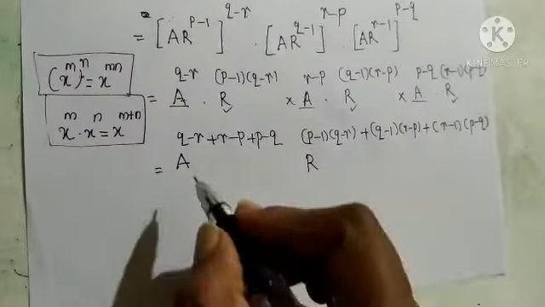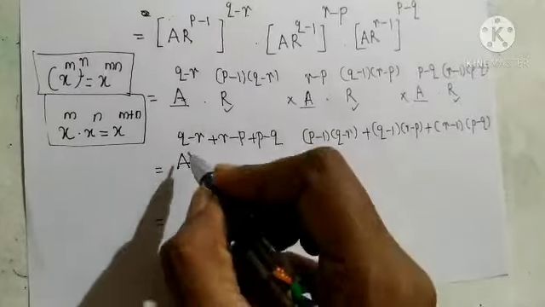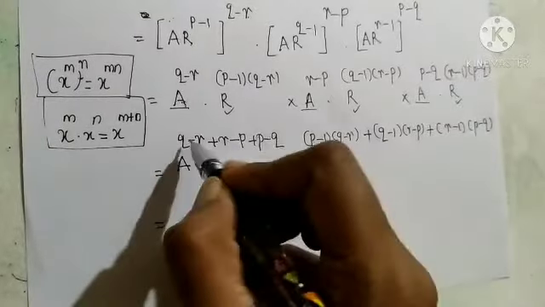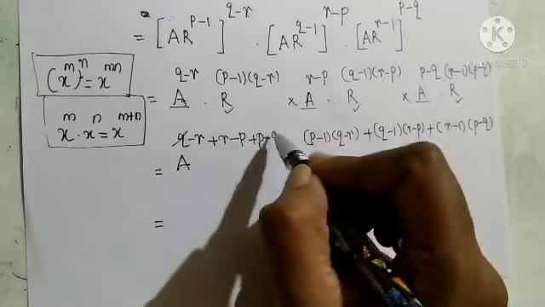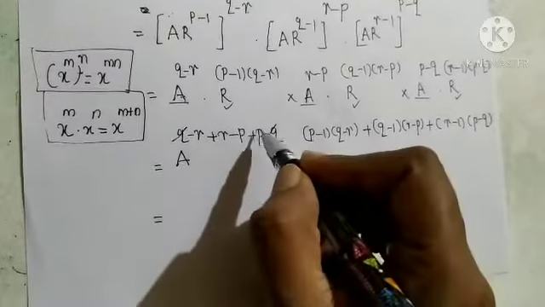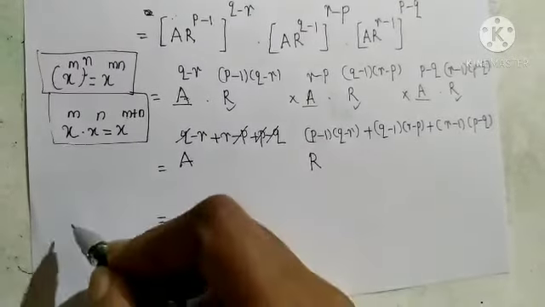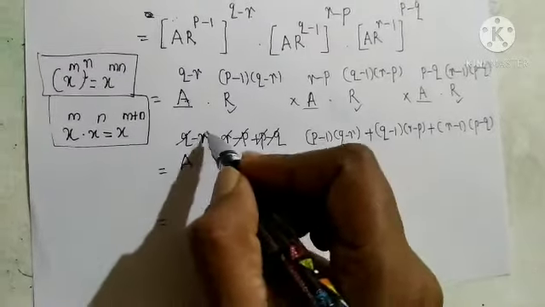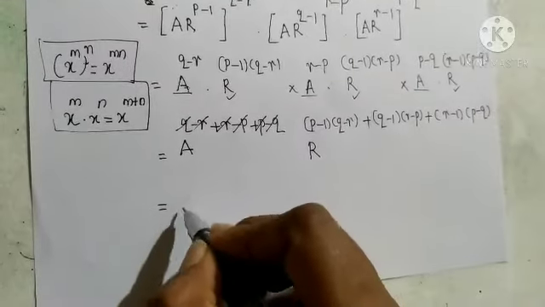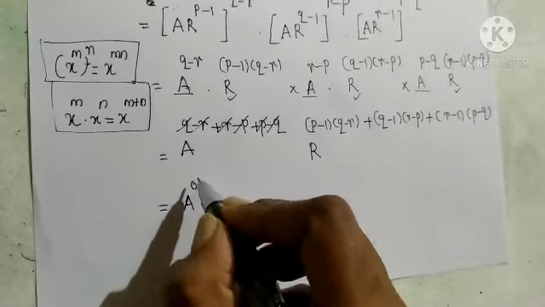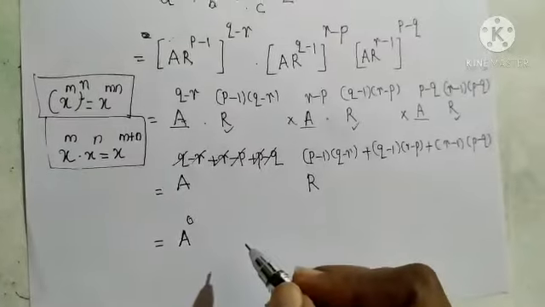Okay, so here if you observe, plus q and minus q will cancel each other, plus p and minus p will cancel each other, plus r and minus r will cancel each other. So the power of a will become 0.